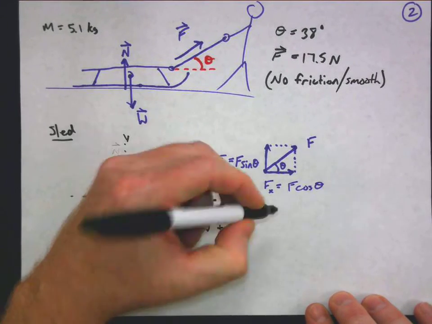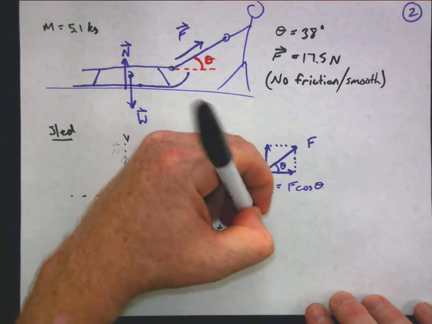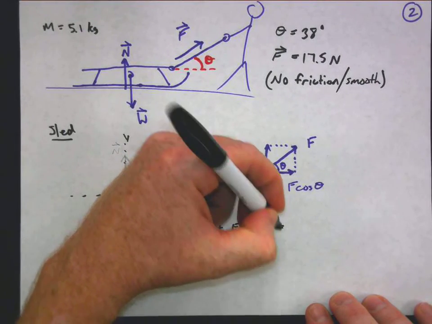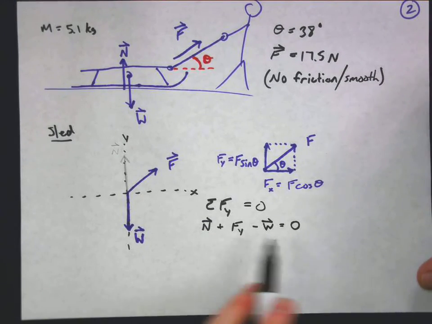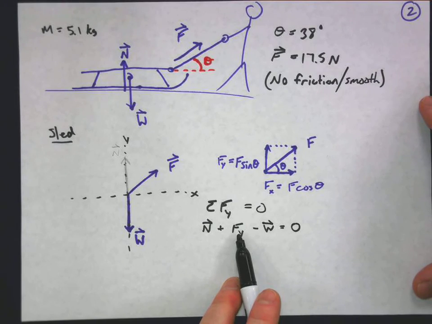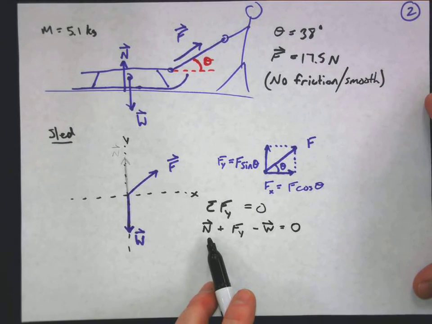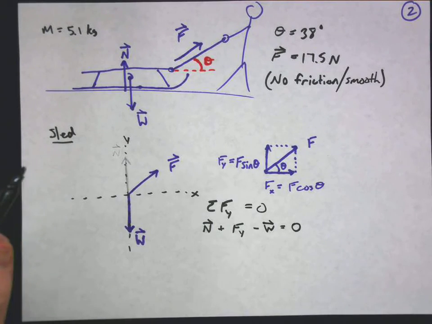So this is F in the Y direction. And then also weight in the downward direction. The sum is 0. Okay. Did the weight change? No. That is unchanged. And we added this force. So therefore, the normal force must have changed to compensate.